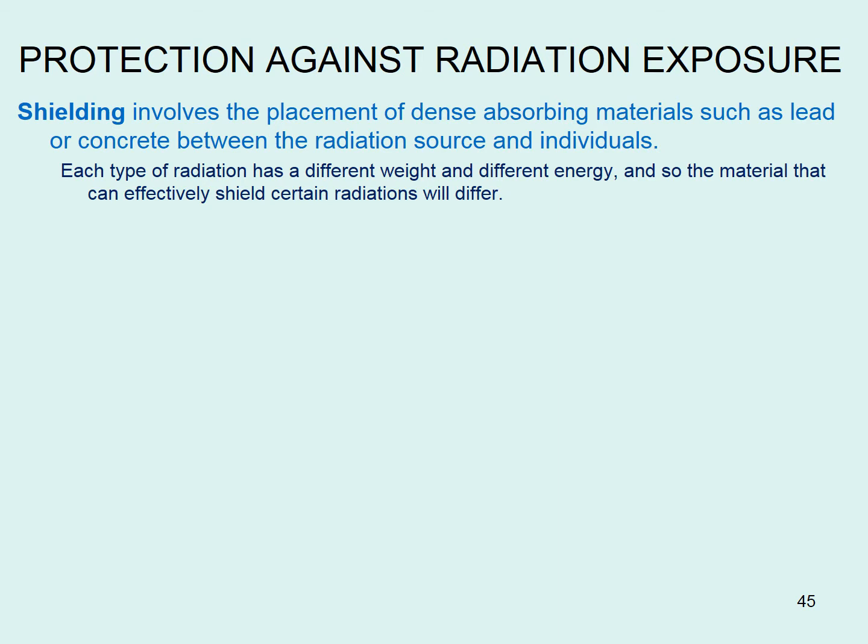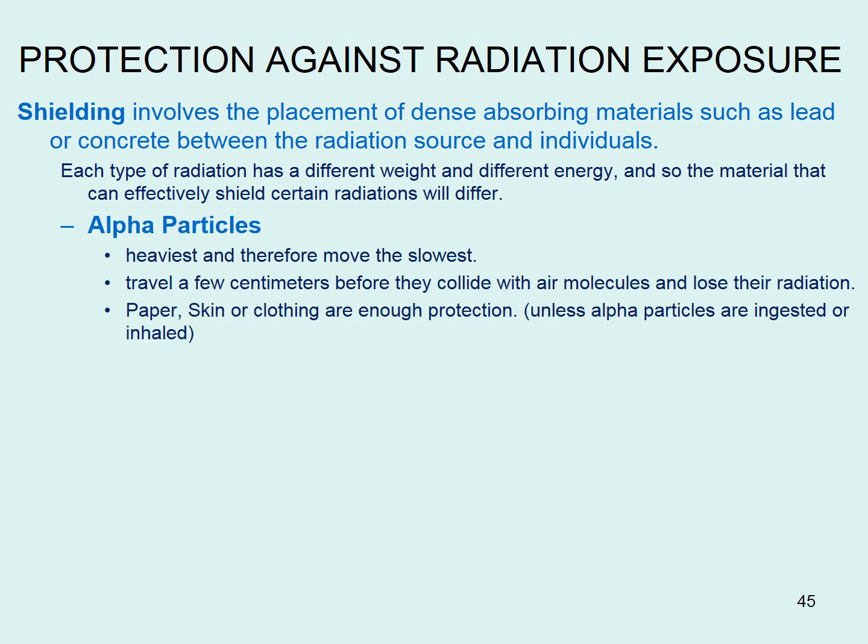But what material stops certain radiation differs depending on the radiation, because every kind of radiation has a different type of energy related to it. For example, alpha particles are the heaviest, so they move the slowest and have the lowest energy, and can be stopped easily by paper, skin, or clothing.